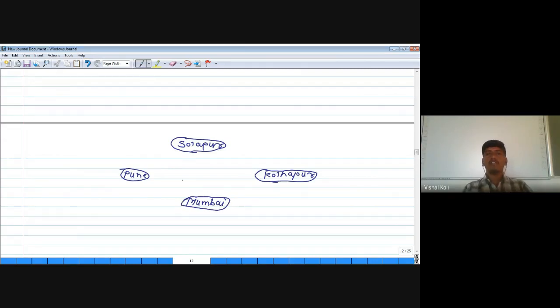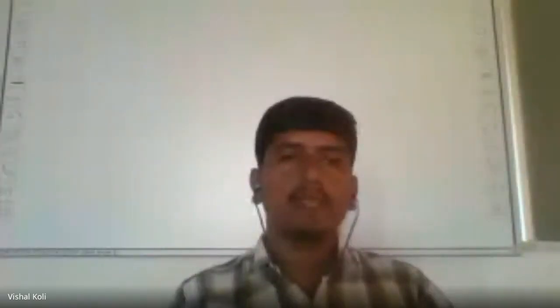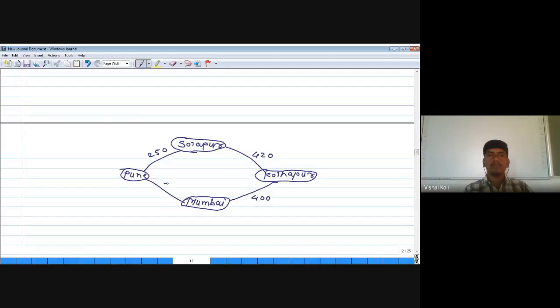Now we have to find out the distance between these cities. Let us suppose Solapur to Pune is a distance of something like 250, and Solapur to Kolhapur is something like 420. Pune to Mumbai is something like 300, and Solapur to Mumbai will be 350.